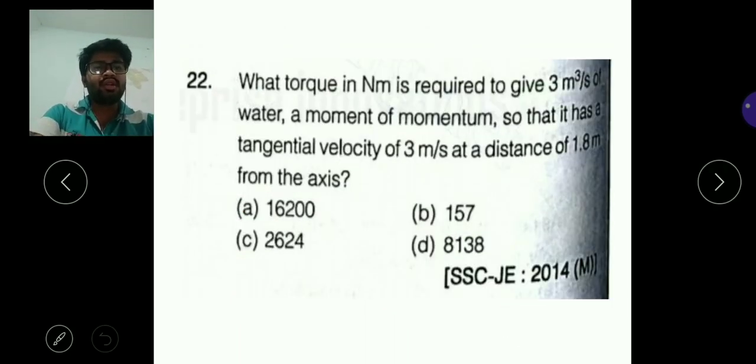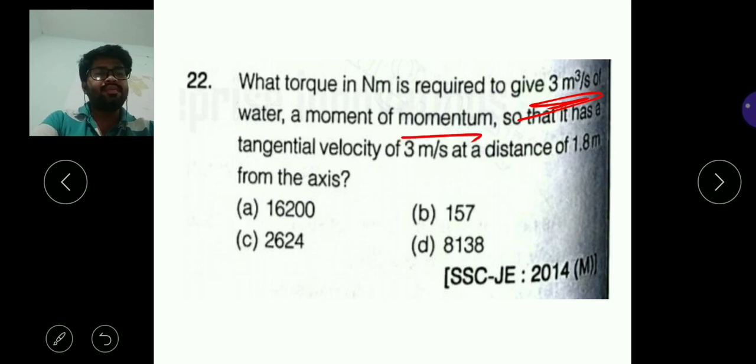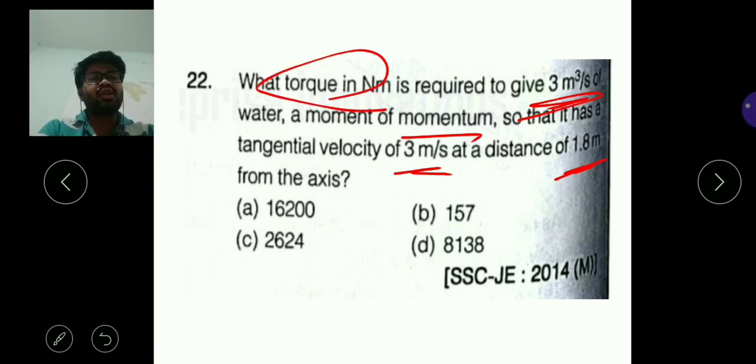Then the torque in Newton meter is required to give 3 meter cube per second of water a momentum, so that it has a tangential velocity. It is given 3 meter per second, and the distance is 1.8 from the axis. We need to calculate the torque in Newton meter.